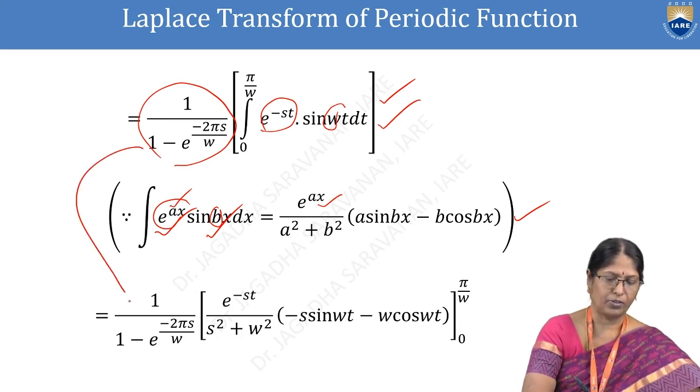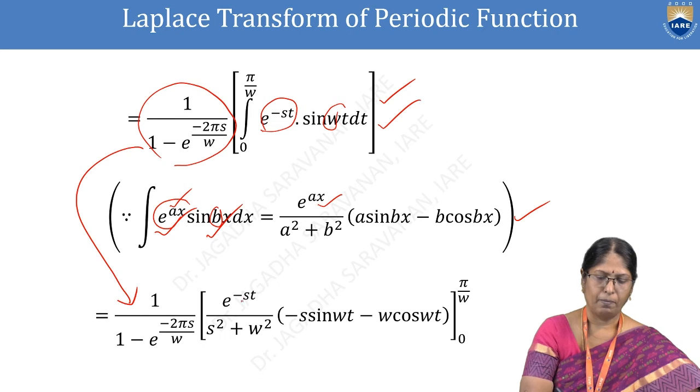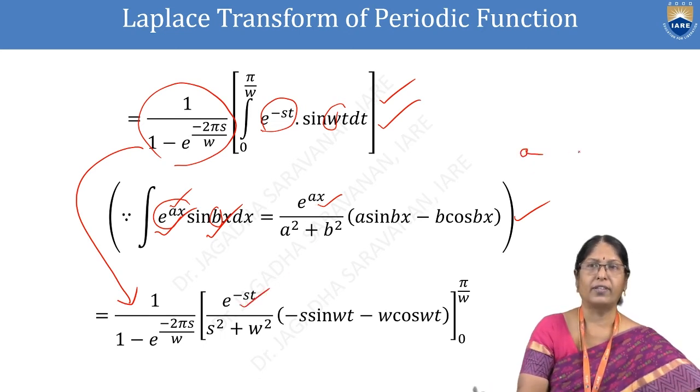So this part is written as it is. E power minus st, we know it. A, it is there in the formula; in our problem it is minus s. The b in the formula is w, or omega, in ours.